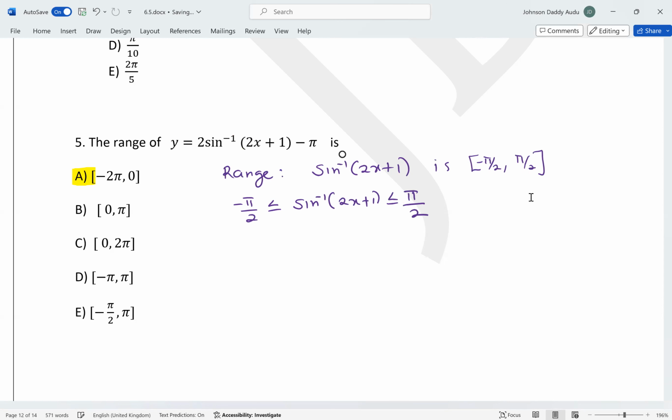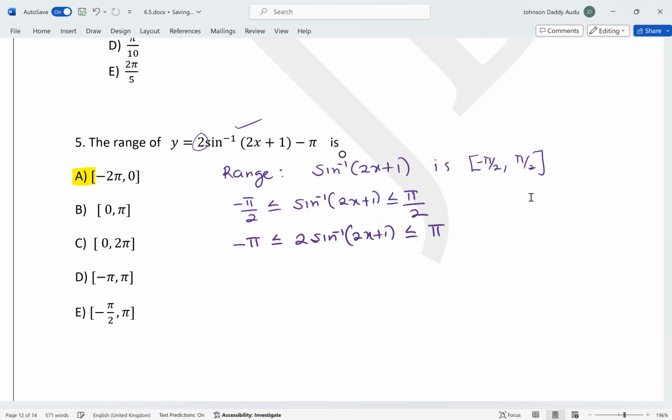So we can try to formulate this. Here you can see that you have 2, so we can multiply everything by 2. This is the three-sided inequality. This becomes 2 sine inverse of 2x plus 1 less than or equal to pi, right?